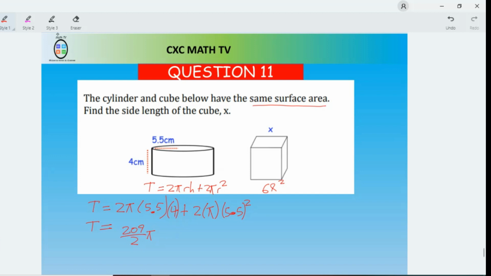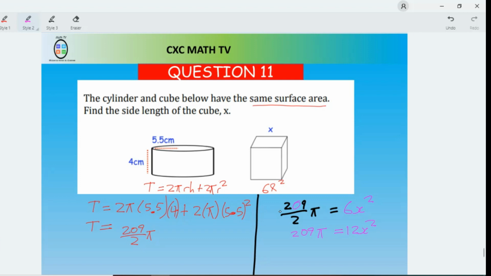Now guess what? What we know is that the total surface area over here is equal to this amount, right? So now 209 over 2 pi is equal to 6x squared, because the side length is x. So now we can multiply both sides by 2 to get 209 pi is equal to 12x squared.